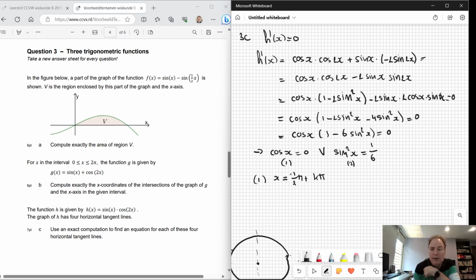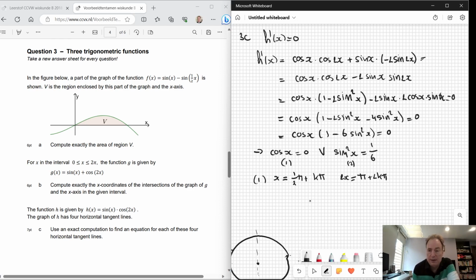And we need to figure out what the function is there, because we need to find the exact line. Well, if you multiply this by 2, you still get 0 all the time. See, if x is this, then 2x is pi plus 2k pi.